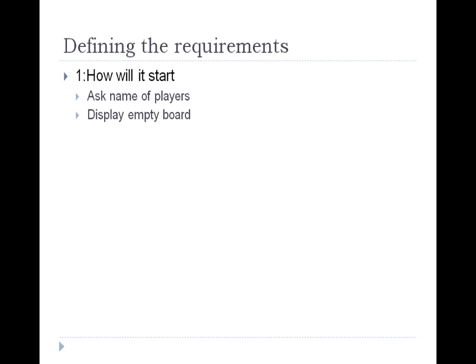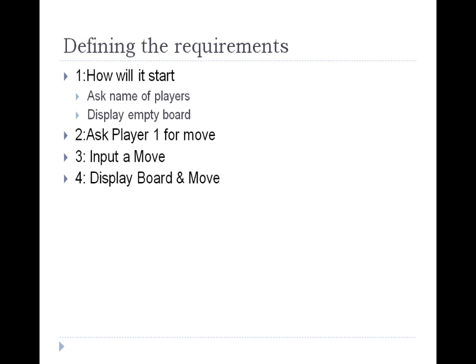And after asking the names, the empty board is displayed, because right now there are no moves. It's an empty board. And then the computer is going to ask player 1, or ABC, or whatever his name is, for the move. Once player 1 inputs the move, it is displayed on the board, and then it is calculated if this move has resulted in a win for player 1.